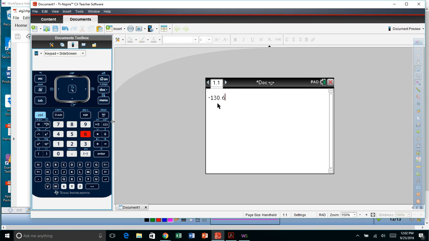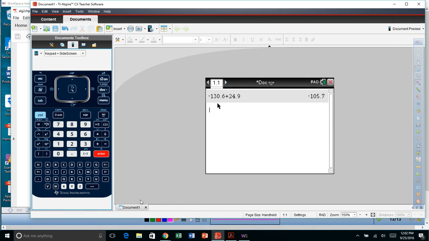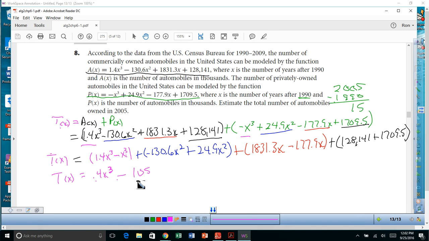There's something going on in the background on my computer and it's messing me up. Plus 24.9. Is that right? So I get 105.7, minus 105.7 x squared.